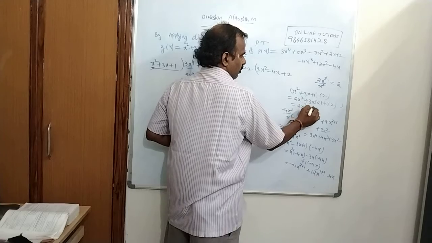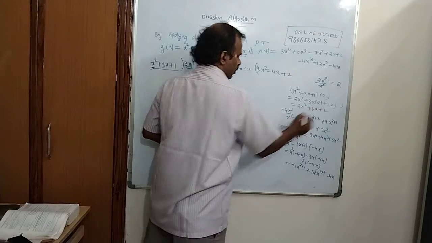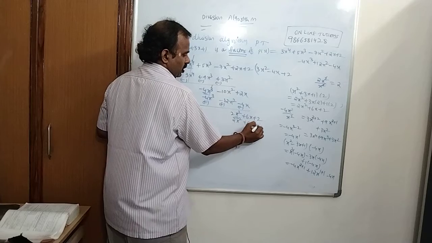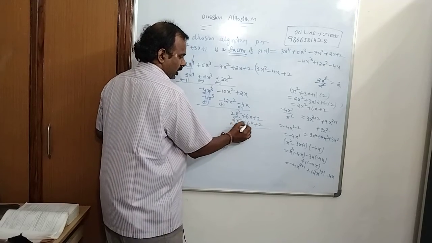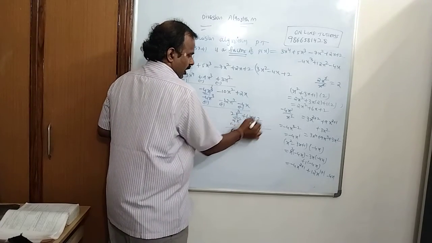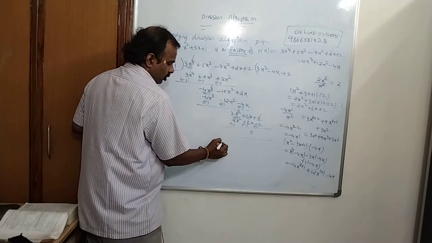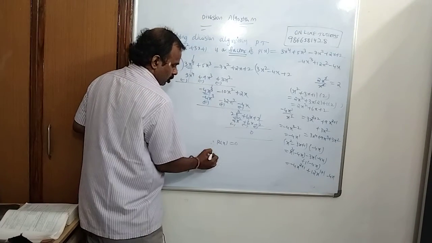So 2x square plus 6x plus 2. So 2x square plus 6x plus 2 minus 2x square plus 6x plus 2, all of them will get cancelled. So therefore remainder is 0.